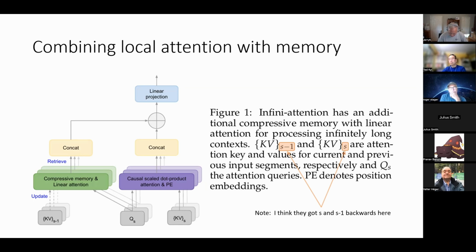Sorry if I'm stumbling on this, but these key values are being pushed into the compressive memory. Is it after the window that they get pushed in? So at inference, basically what happens is we are now at the 50,000th token.